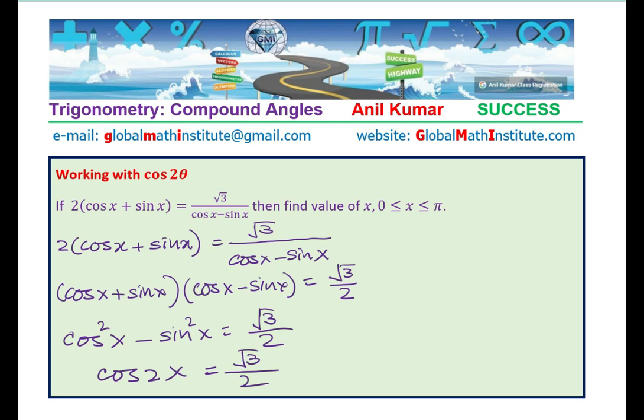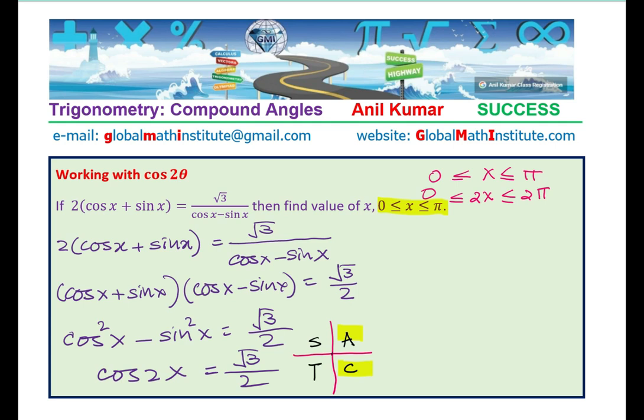Do you see how we utilized our knowledge and so fast we came to a result? We need to now write down the answer within the domain 0 to pi. Now this is kind of tricky. When we say x is between 0 and pi, 2x will be between what? Multiply by 2, 0 to 2 pi. Cos is positive, means we are looking for solutions in quadrant 1 and 4, since we know the cos rule.